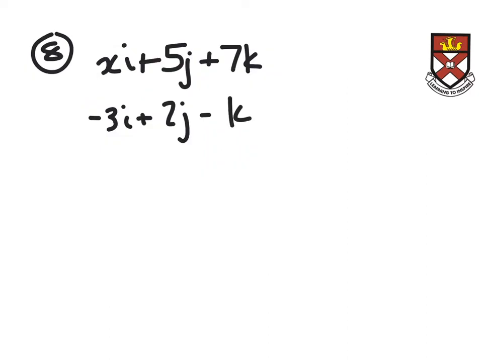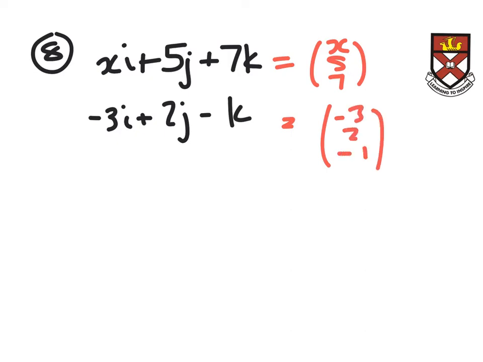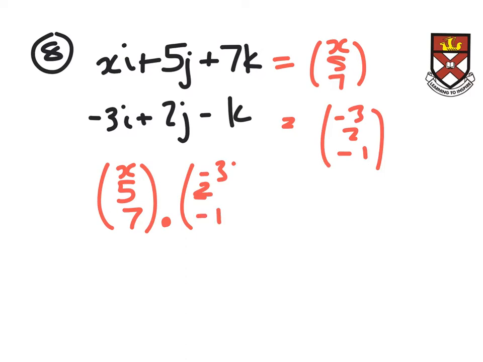Question 8. I like first of all to turn these vectors into columns, so x, 5 and 7, and this one would be negative 3, 2 and negative 1. Now because the question says that they're perpendicular, then that means I can take my x, my 5 and my 7 and I can dot that with negative 3, 2 and negative 1, and I know my answer should be 0.